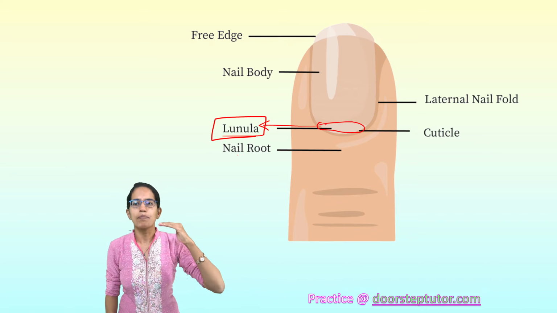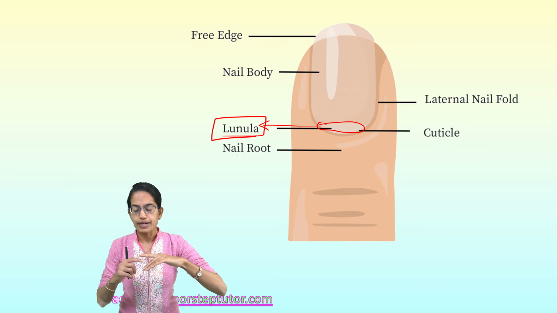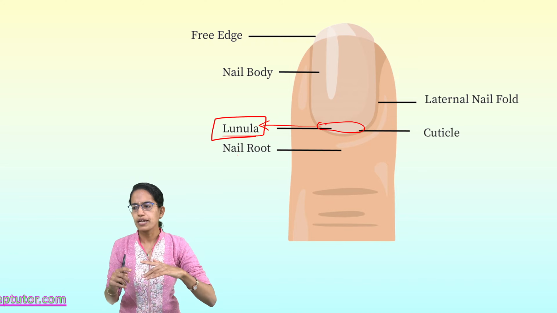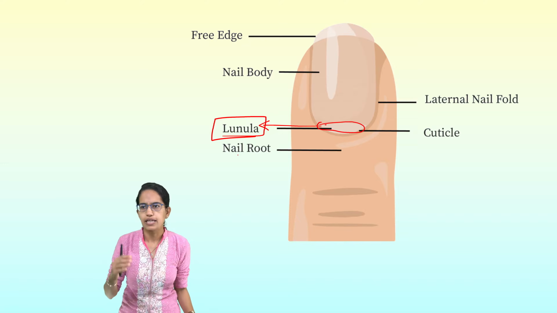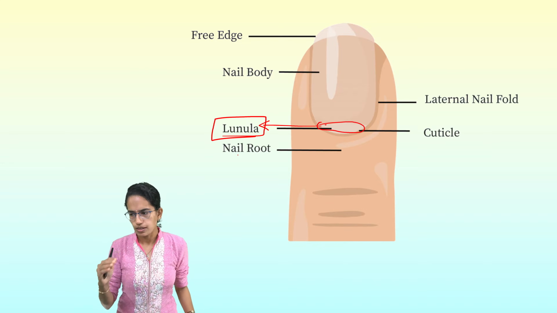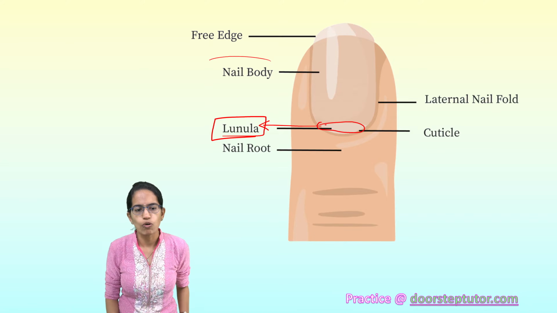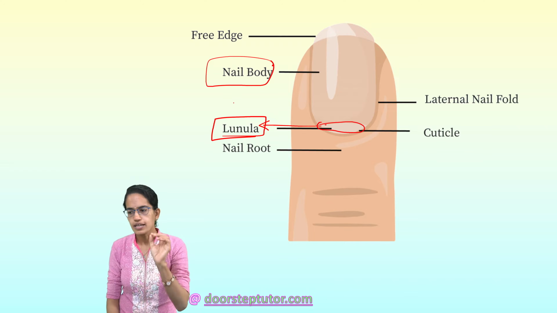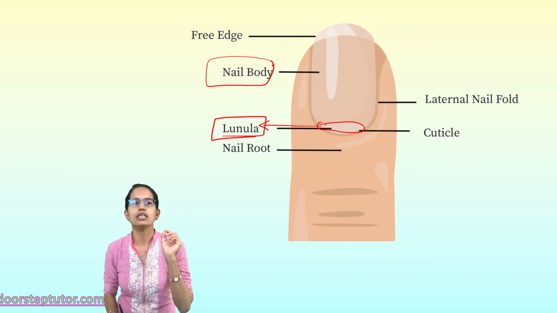Below the nail plate is the nail body. The nail bed or the nail root is the layer which is below the nail plate and develops from the cells contributed by the nail matrix. So the matrix of the nail contributes to the formation of the nail body, or the nail bed or the nail root, and the white portion is the lunula, which is the nail matrix.